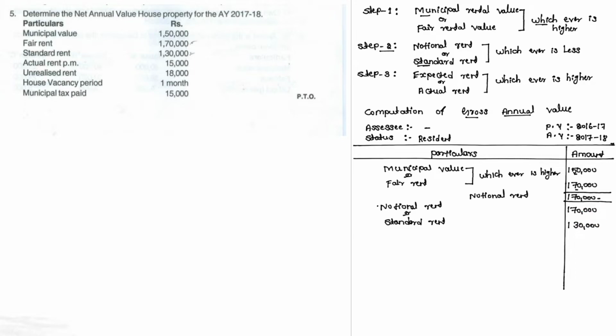So in this step number 2, whichever is less or lower. So the lower amount in this step number 2 is the standard rent, so consider that. 1,30,000 is the lower amount.